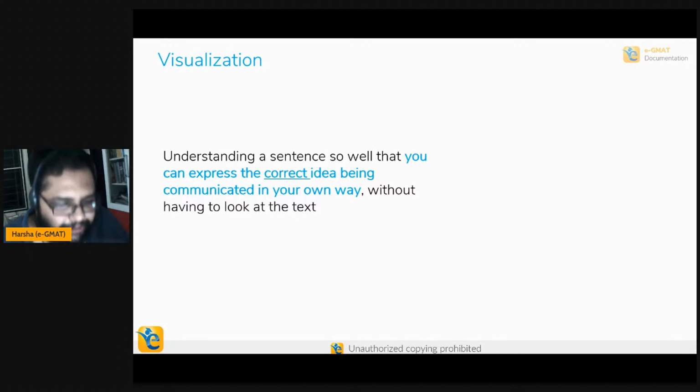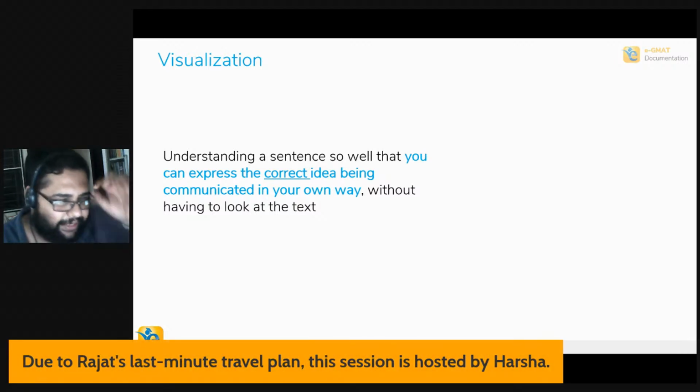What is visualization? In simple words, as per us, you take a sentence and understand it so well that you can express it in your own way without any meaning distortion. You should be able to express the exact correct idea without any change in the meaning, in your own way, without having to look at the text.